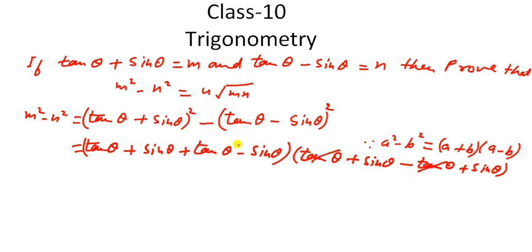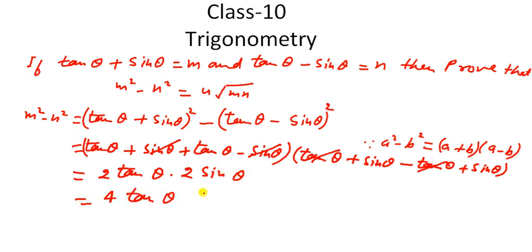Here tan theta and tan theta will be cancelled out, and sin theta and sin theta will be cancelled out. So we get 2 tan theta into 2 sin theta, that is 4 tan theta sin theta. It is your m square minus n square. So that is your equation 1.